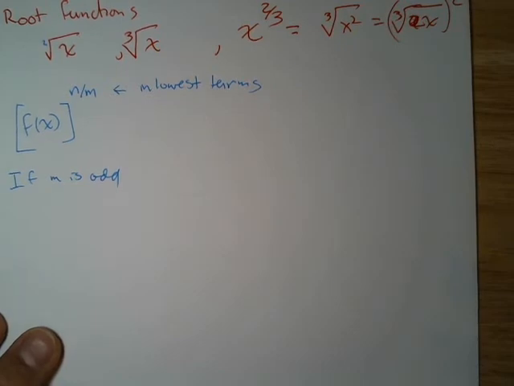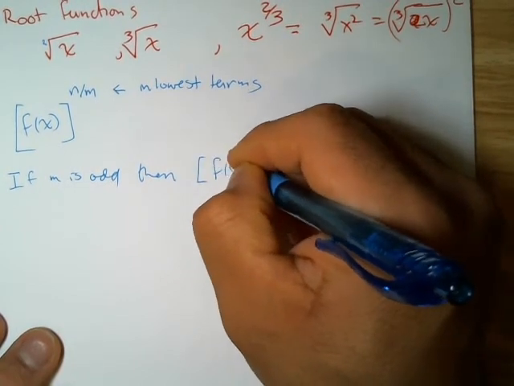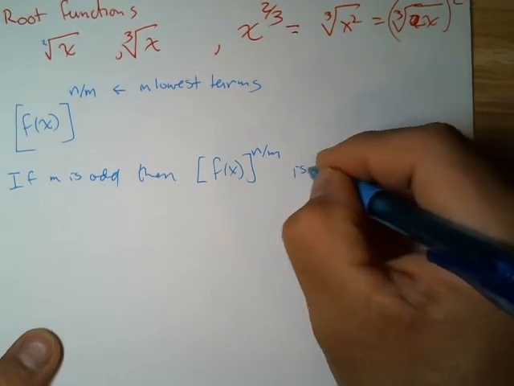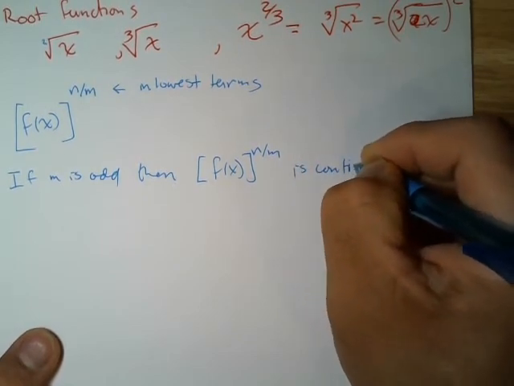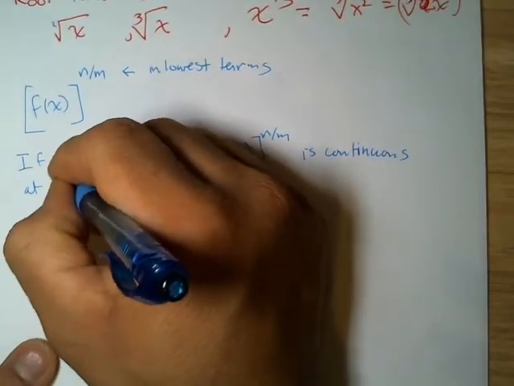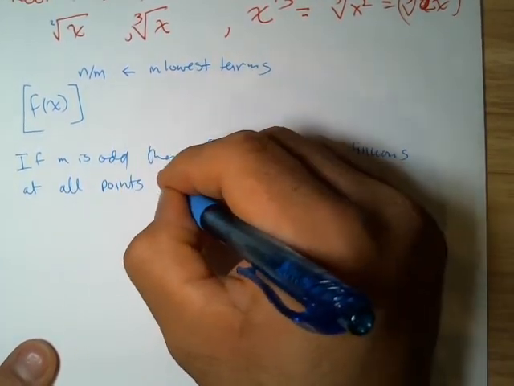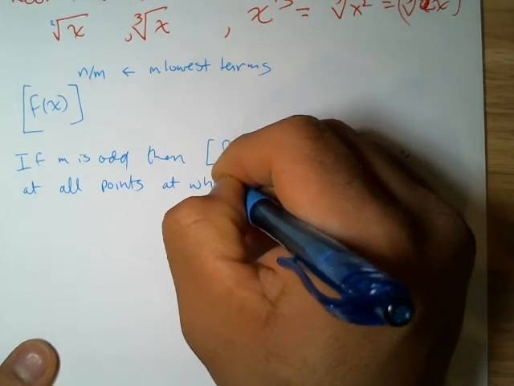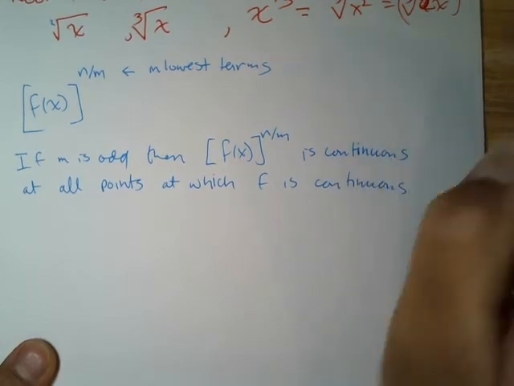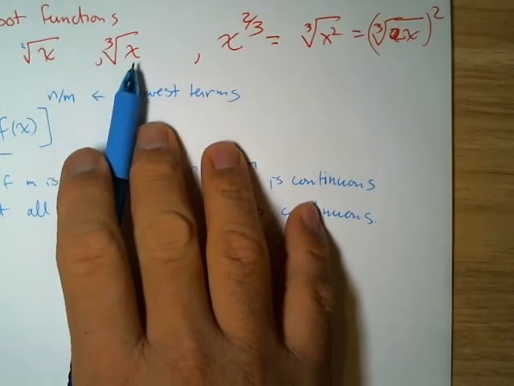So, if m is odd, then this composite function, where we raise f of x to n over m, is continuous at all points at which f is continuous, since I'm okay having a negative value when I have an odd root.